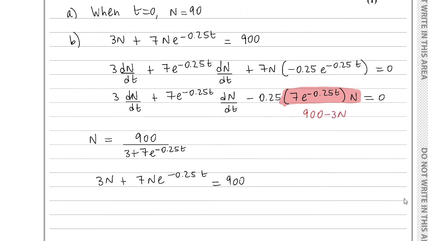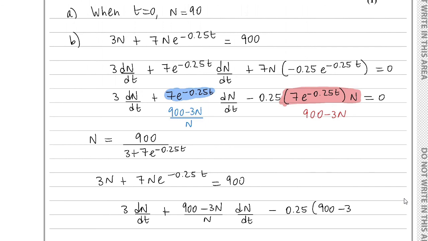And in the place of 7e^(-0.25t), I could put 900 minus 3n all over n. So this is giving me 3 dn/dt plus (900 minus 3n) over n dn/dt minus 0.25 times (900 minus 3n) is 0.